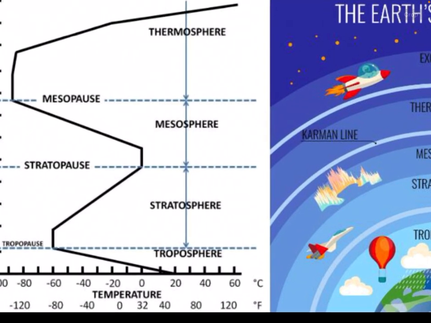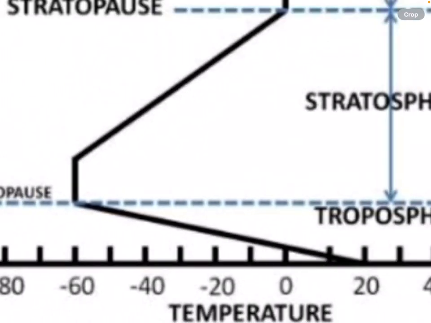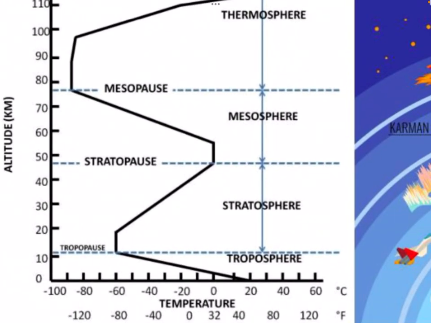Here we can see a pattern forming like the English alphabet M. I have remembered this as the English alphabet M. In the troposphere there is a decrease of temperature with height.